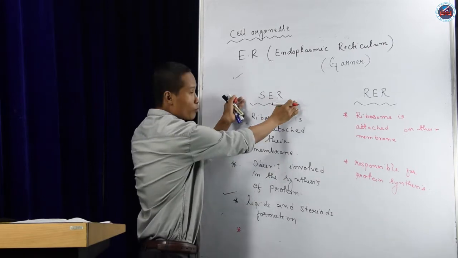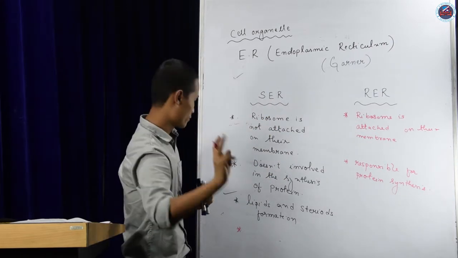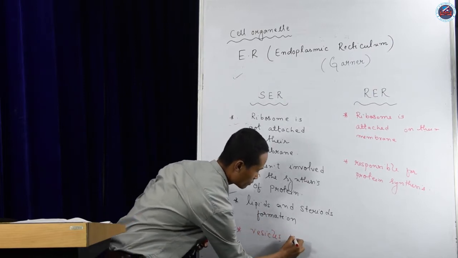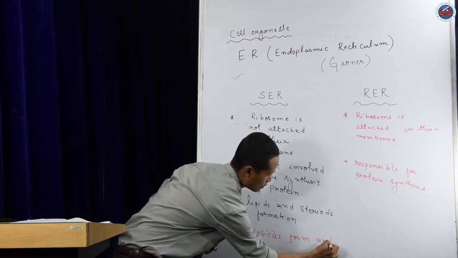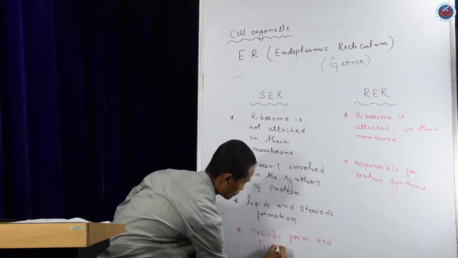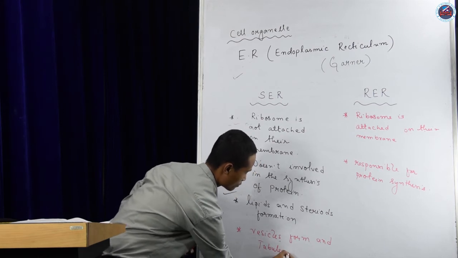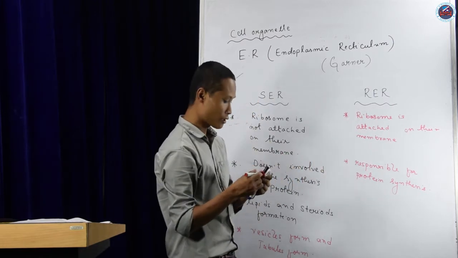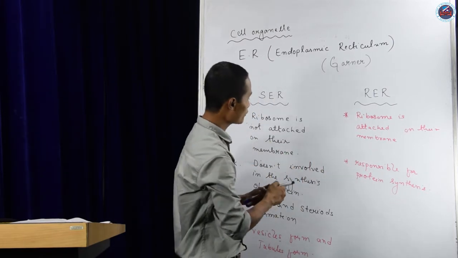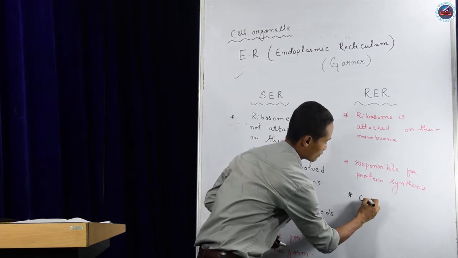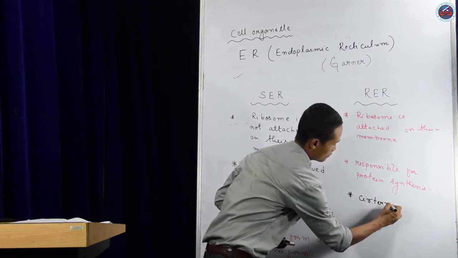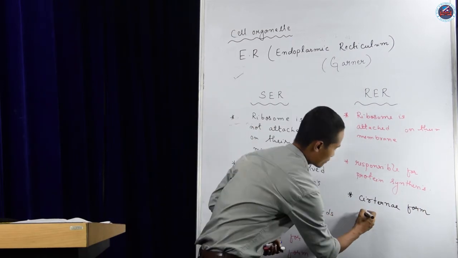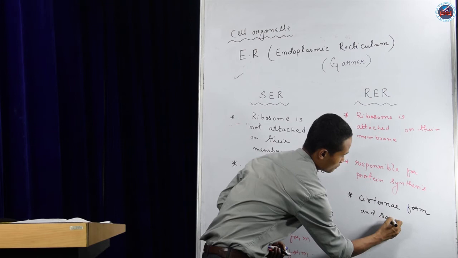So your smooth endoplasmic reticulum will exist in two forms, the vesicles form and the tubules form, whereas your rough endoplasmic reticulum will be in the form of cisternae and some tubules.